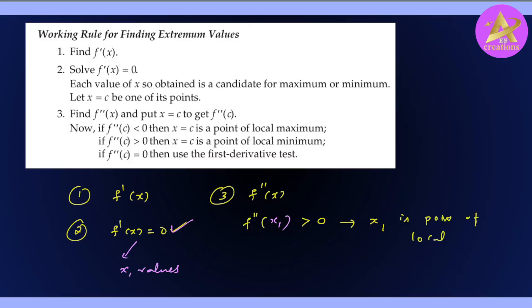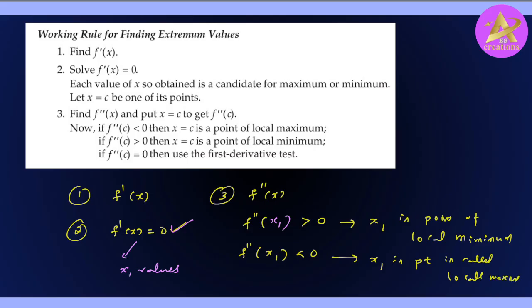local minimum, local minima or local minimum. If f double dash of x1 is less than 0, then this x1 point is called local maxima.